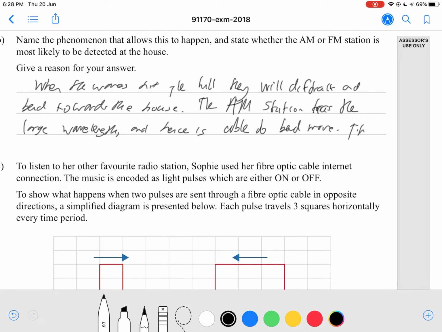The FM station has a low wavelength and hence bends less. And then you say hence the AM station is likely to be detected.